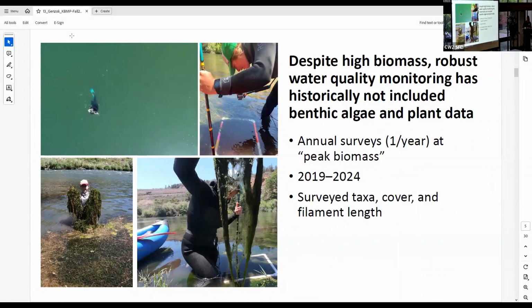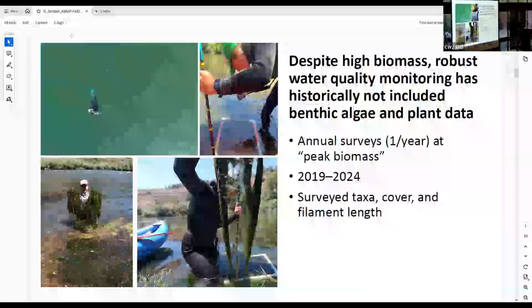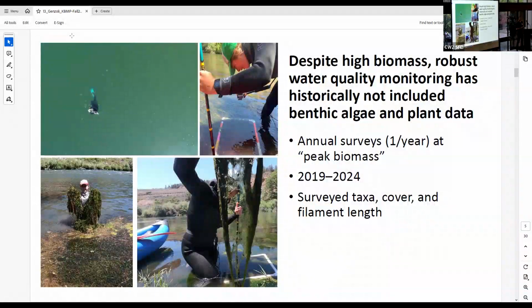But that started in 2019 as a pre-dam removal survey. And through a ton of support of folks in this room who have either gone out on the river or helped support this project in one way or another, we've been able to continue these surveys for the last 6 years. And in these surveys, we look at the taxa, the cover, and the filament length of rooted aquatic plants and filamentous algae.